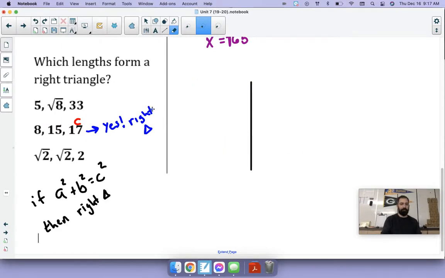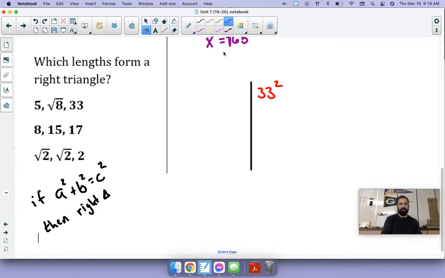All right, welcome back. Hopefully you paused and saw those answers. Okay, let's check it out. 5, square root of 8, 33. The square root of 8 and 5 are smaller than 33, so 33 squared should be, if it is a right triangle, the same as 5 squared plus the square root of 8 squared.